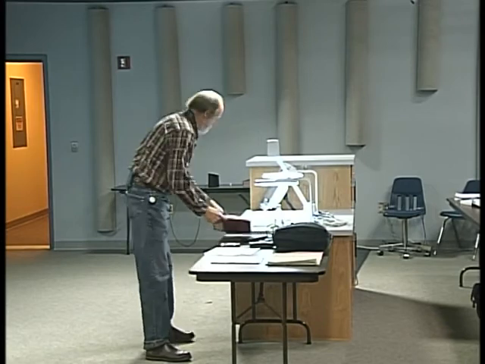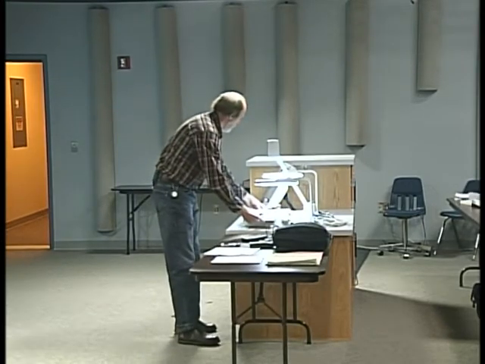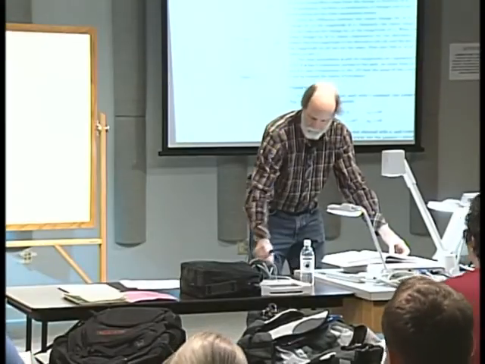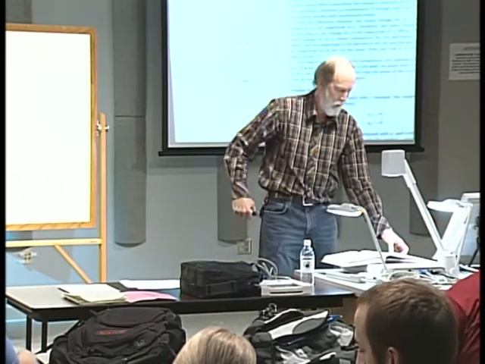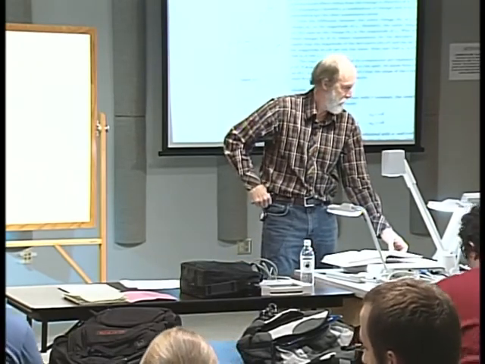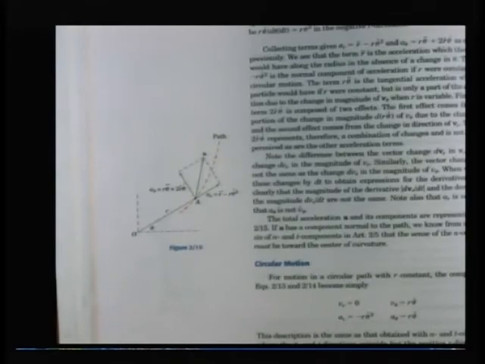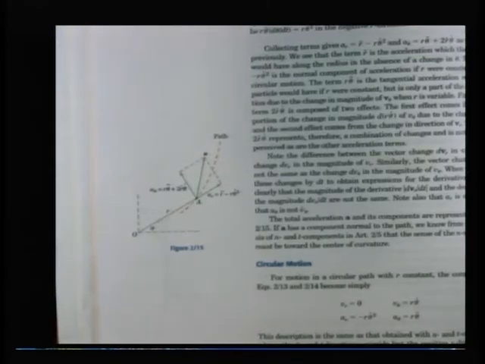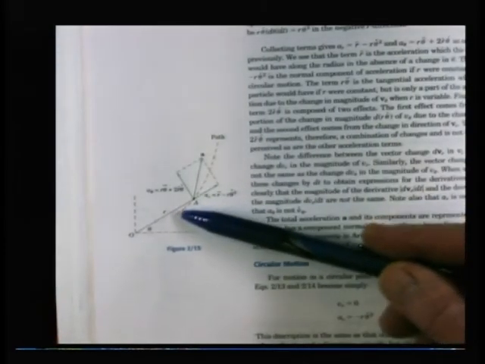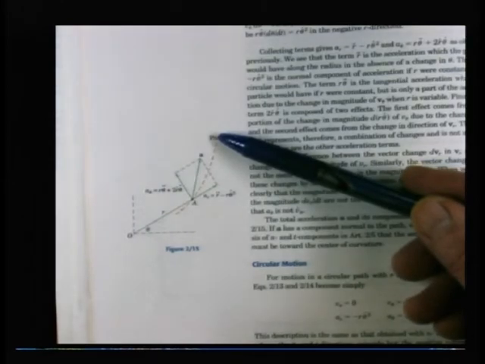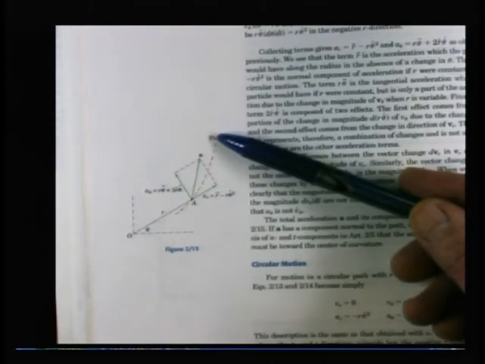Before I do that, sorry about changing gears here. If you go to the next page in the book, they actually show us how the acceleration terms play together. We've spoken of this before. If you're on a curved path, then we know there has to be a component of acceleration that is towards the center of curvature.